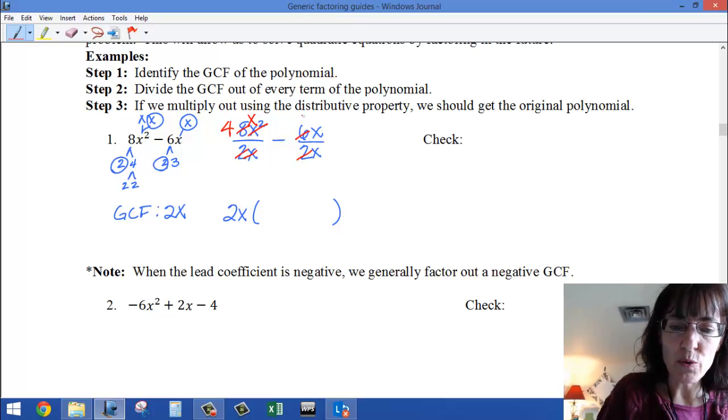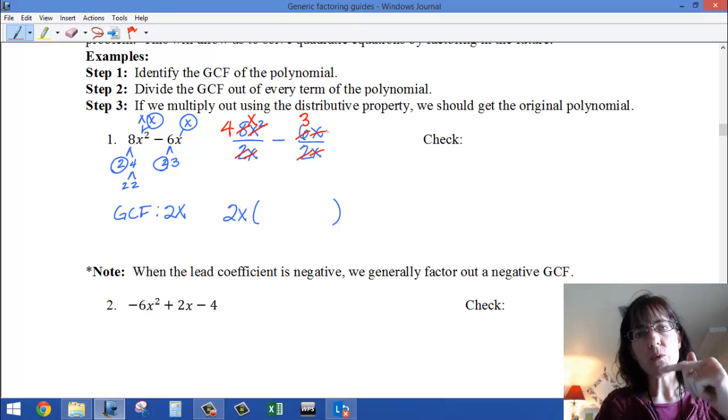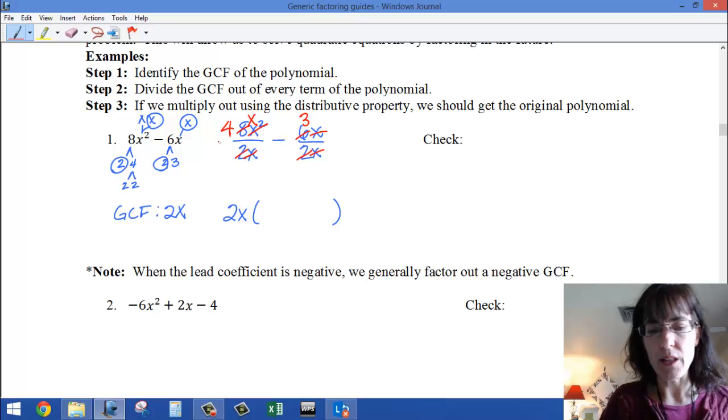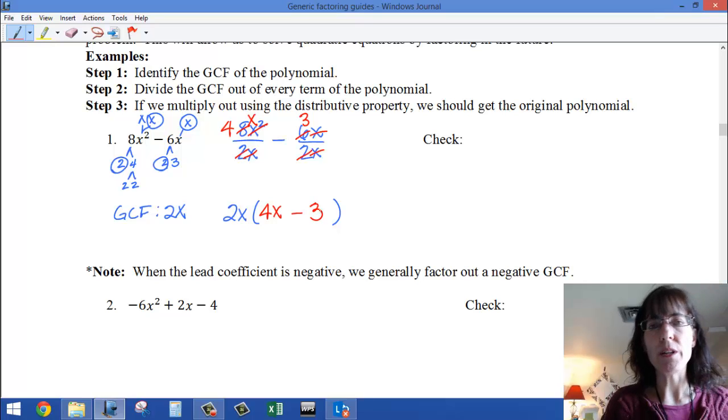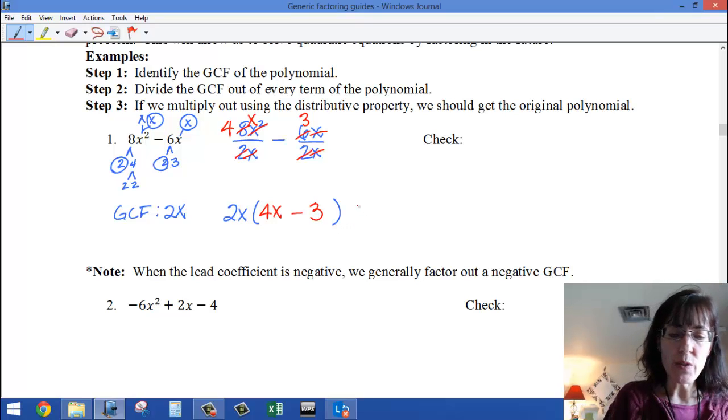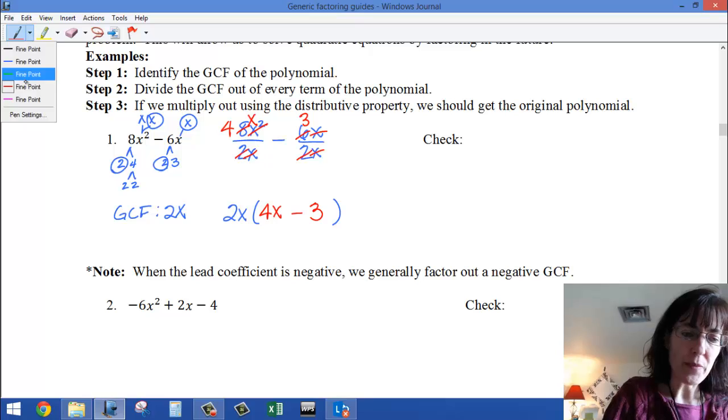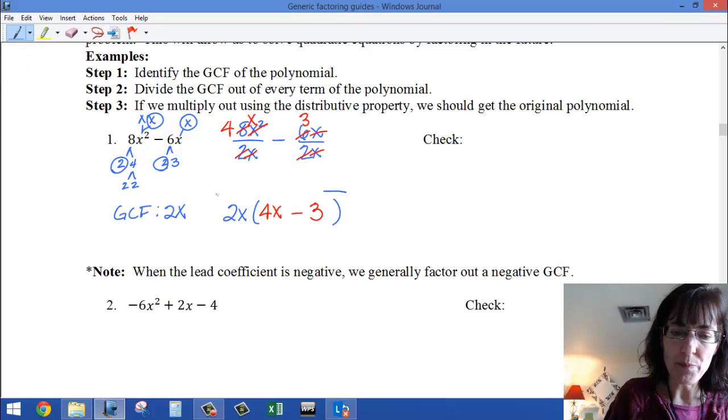And then the 2 goes into the 6 3 times, and the x's, it's x over itself, reduces completely. And so my result will be 4x minus 3 inside of my parentheses. So that is my factored form of this first polynomial.